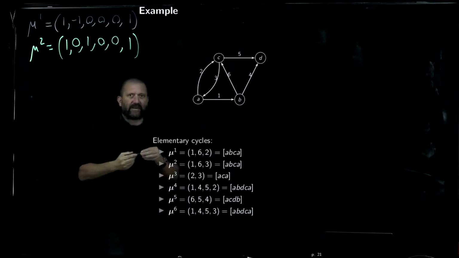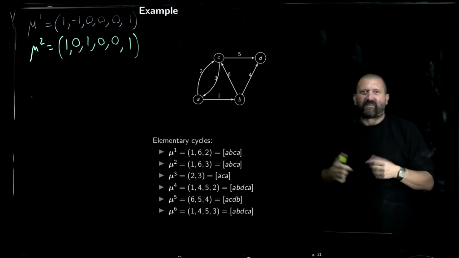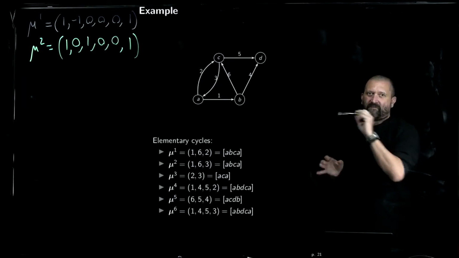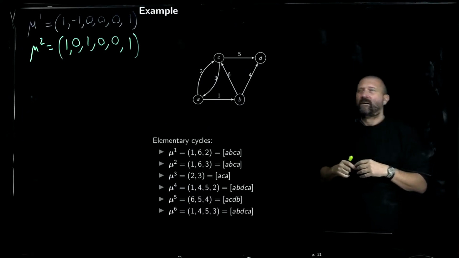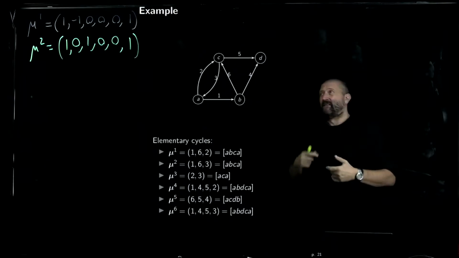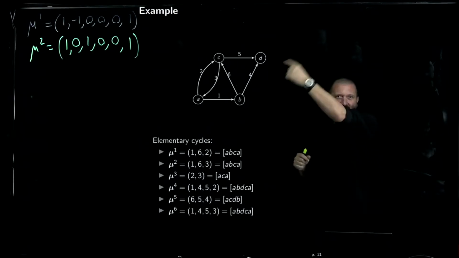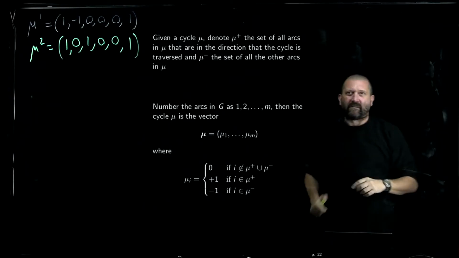So I can think of these cycles as vectors, a vector with a certain number of entries. The number of entries, of course, is the number of arcs. And I'm explaining this way how I am following these arcs.